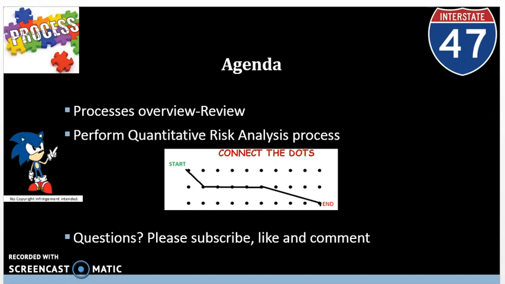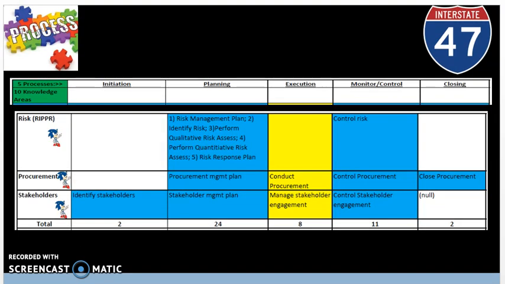So let's move forward. After planning for, identifying, and prioritizing all possible risks, the next step is to analyze the possible cost impacts of the risk, whether it be a negative risk or threat, or positive risk or opportunity.